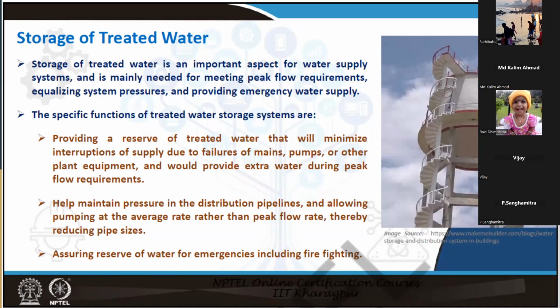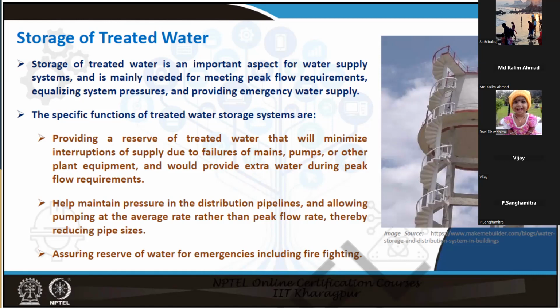Not only that, if we can provide the water at a particular pressure, then accordingly we can design the distribution pipelines with a smaller or larger diameter. That is going to reduce the cost of setting up the distribution network, which consumes the majority of the funds required for a water supply system.